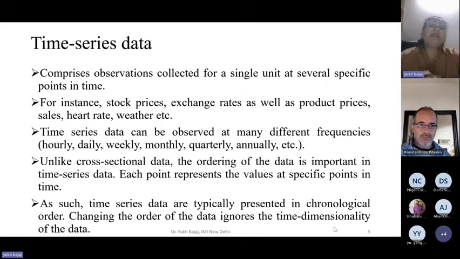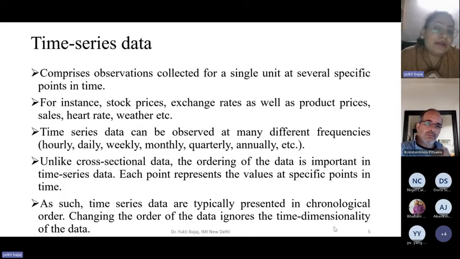Moving ahead, time series data is just the opposite of what we call cross-sectional, because here we collect the data on the basis of multiple time periods. However, we are focusing only on a single unit. So a very popular example for time series data is stock price data.